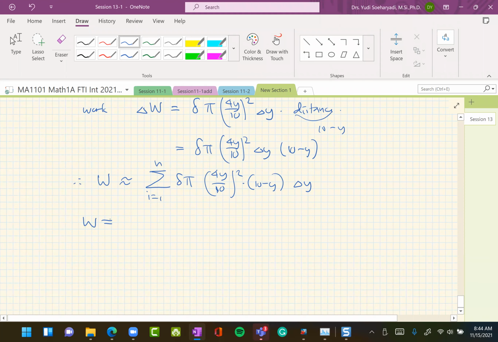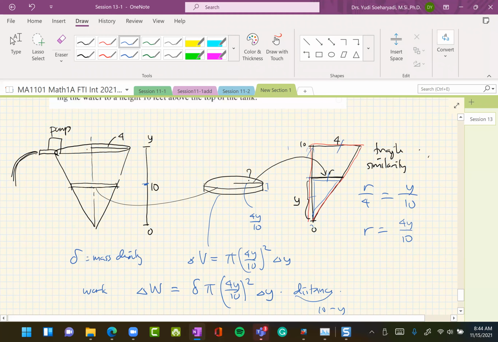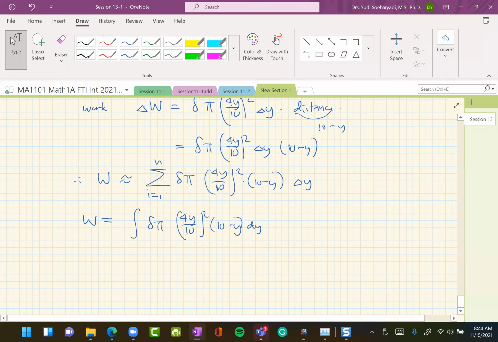That means we take the limit here, with y from 0 to 10. It's the integral you plug into Wolfram and then get the answer. Questions?